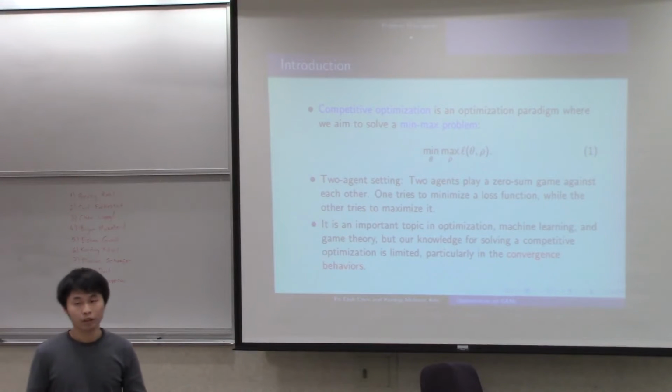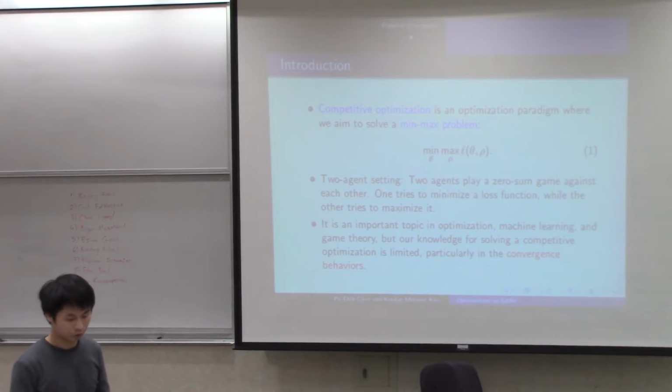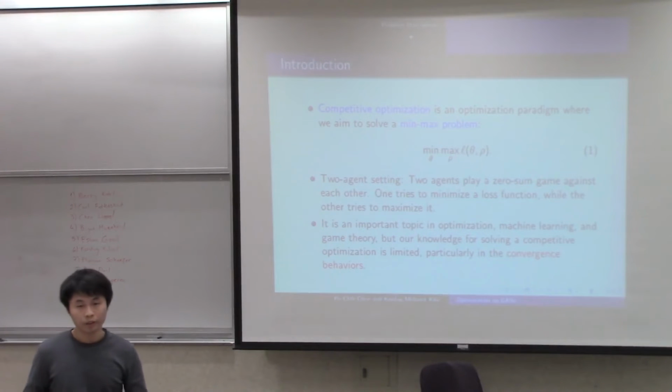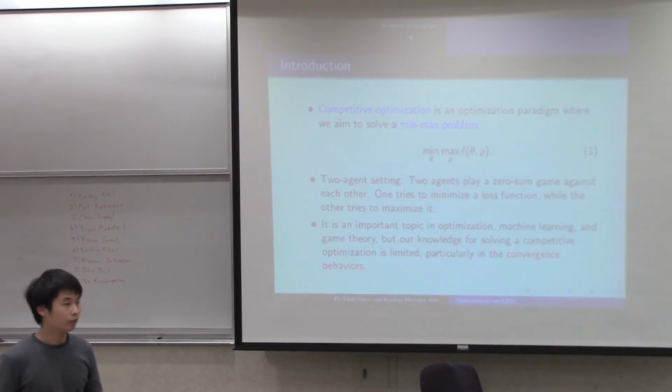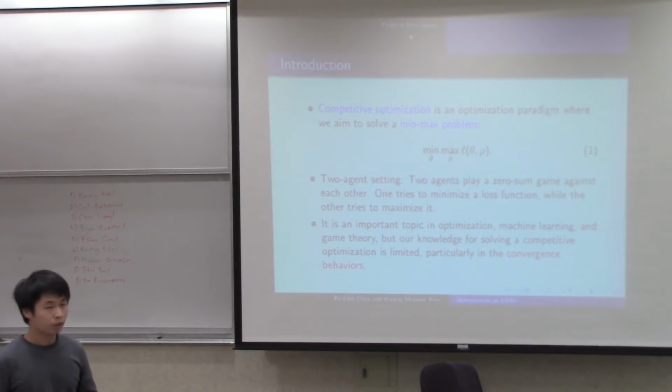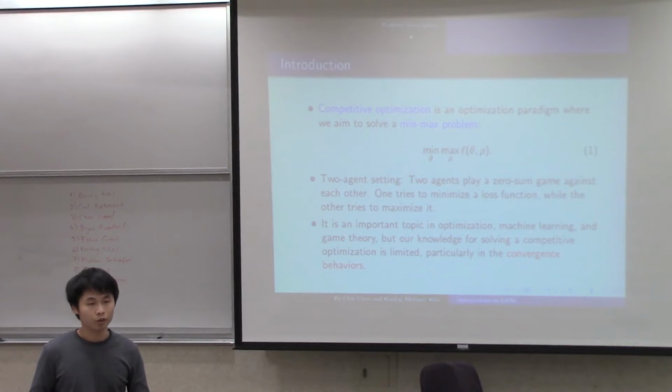It's basically a two-agent setting where two players are playing a zero-sum game, and one is to minimize the loss function, and the other is to maximize that loss function. It's an important topic in machine learning optimization and even game theory, but our knowledge towards solving a competitive optimization problem is limited, particularly in the convergence behaviors.